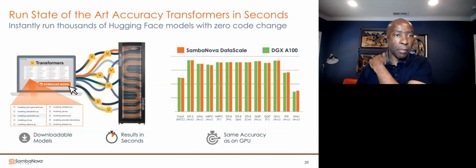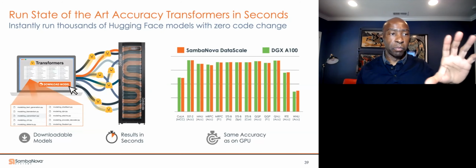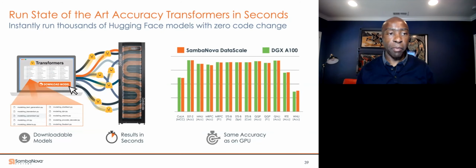And so what we've been able to do is to take all of Hugging Face, which is kind of the place where these transformer-based models, you know, there's a wide variety of models, and it's a place where most developers of transformer, of natural language processing-based systems go to for models.